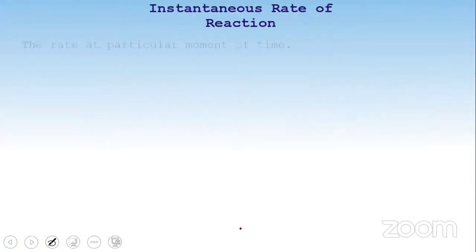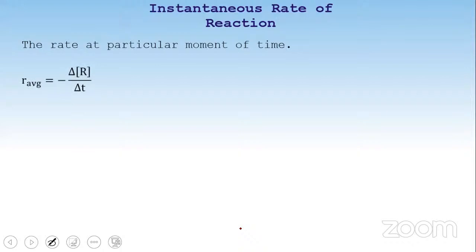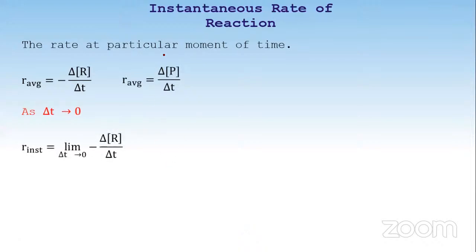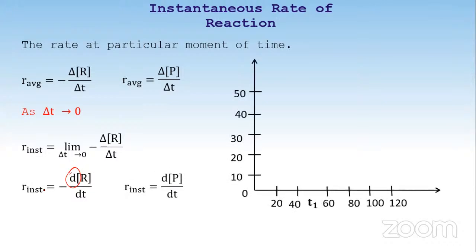And when it comes to the instantaneous rate of a reaction, as I said, it is the rate at a particular moment of time. How you will do it: instead of using del, which is a change in time, you will be using a limit where del T is tending to 0, or you can use small d, which is meant by a small change in a reaction at that particular small change in time. Practically, with the graph, you take the same blue graph of how the reaction happens.